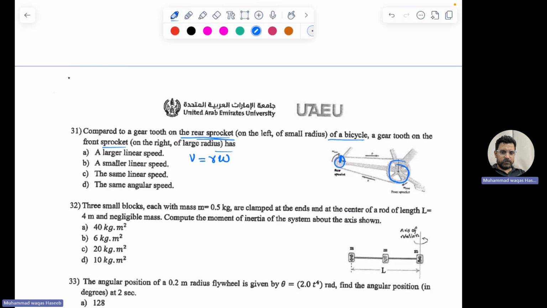One has a smaller radius, one has a bigger radius. If they're moving with constant speed, v1 equals v2, which gives omega r1 equals omega r2. If one goes down, the other has to increase, and this product remains constant. So the linear speed will be the same in that case.